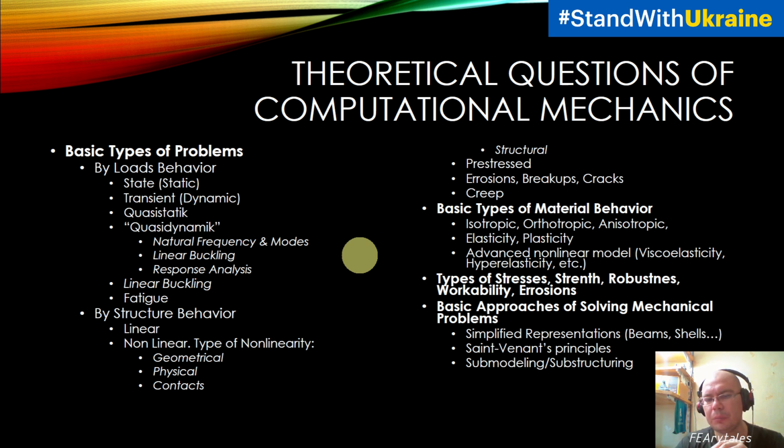We will talk about principles that came from the Saint-Venant principle and can give us a lot of power. It's the method of subtraction and submodeling, when we can take a closer look only at some small parts of our construction and assembly.